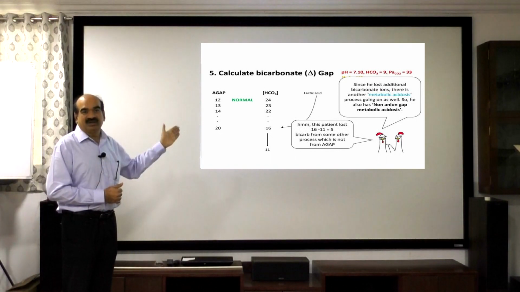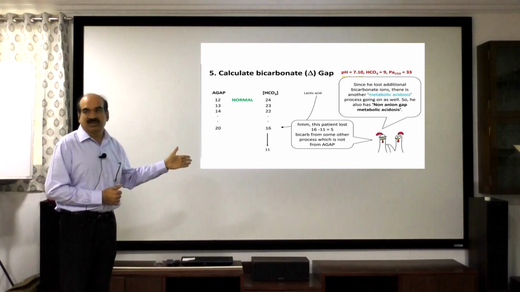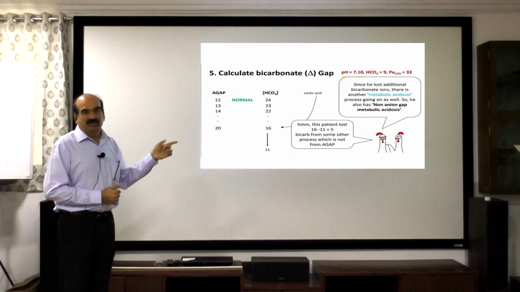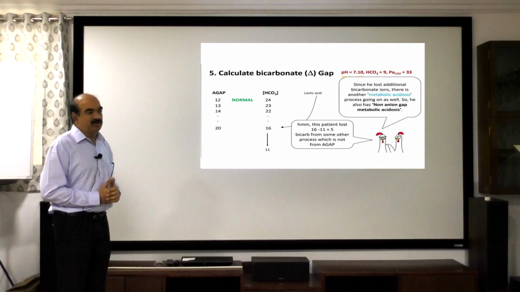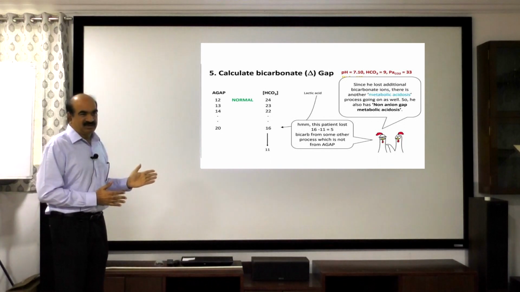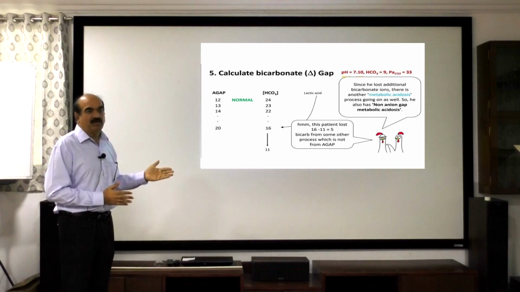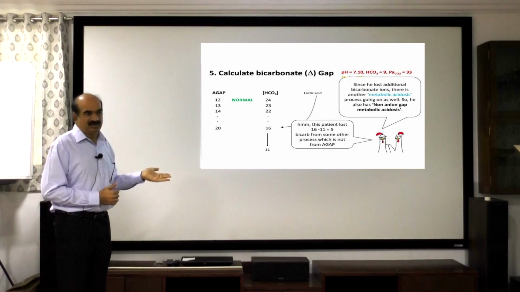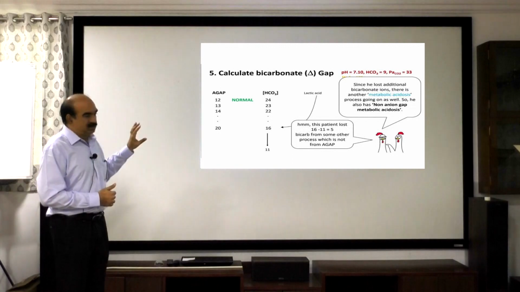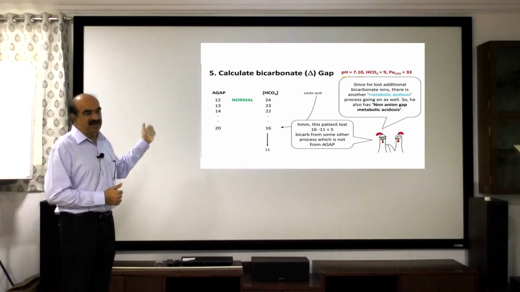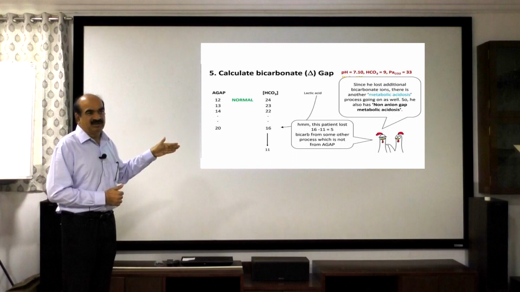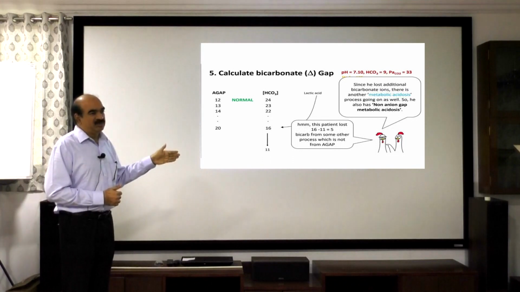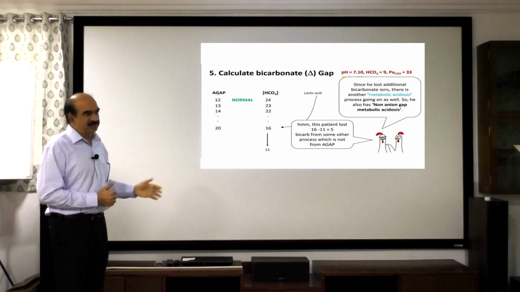So there is an additional mechanism for bicarb loss. What is the mechanism in normal anion gap metabolic acidosis? Bicarb loss will be compensated by an increase in chloride ions. Okay. So this is a case of high anion gap metabolic acidosis plus non-anion gap metabolic acidosis. This is a mixed disorder.